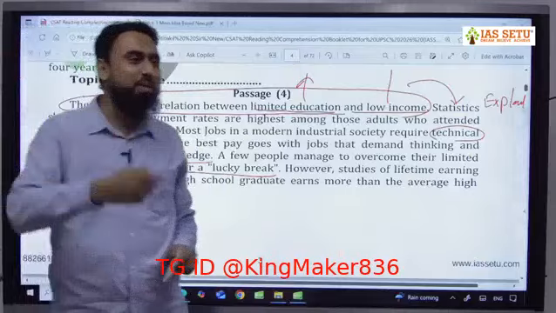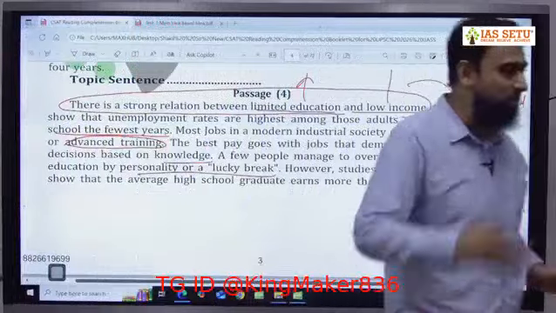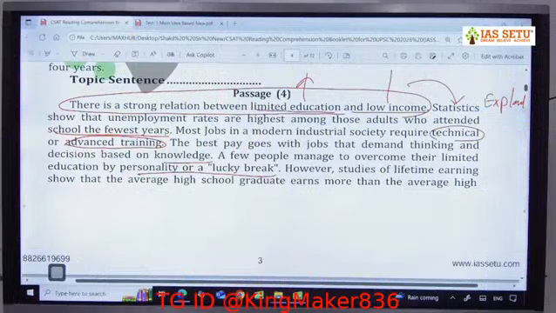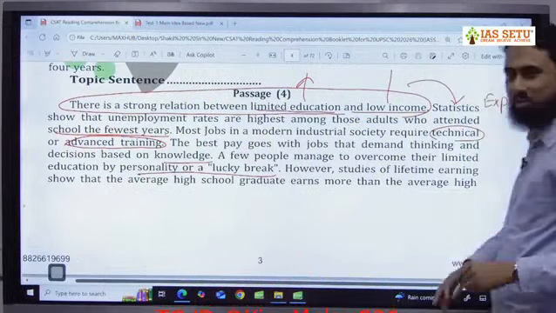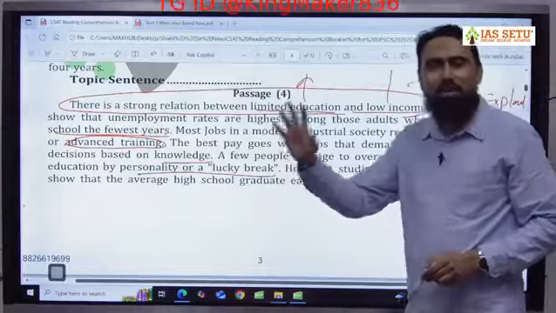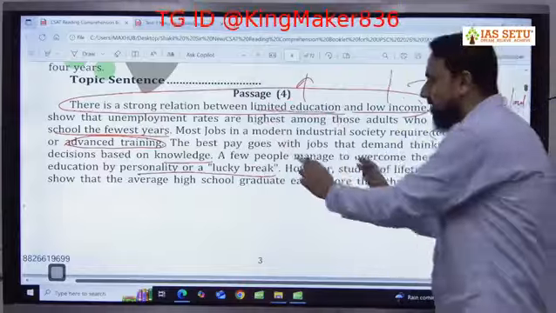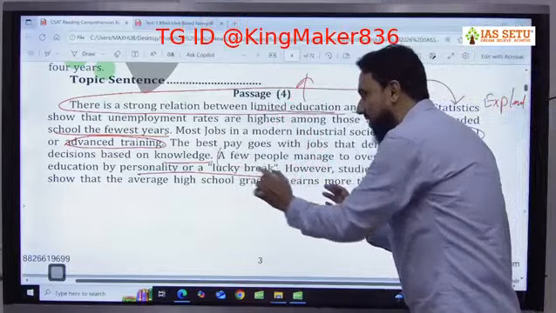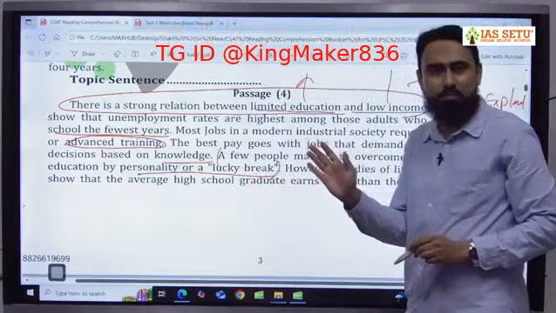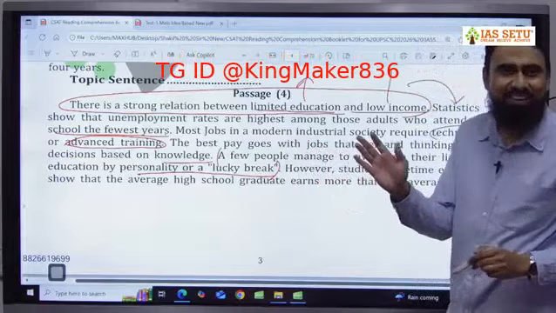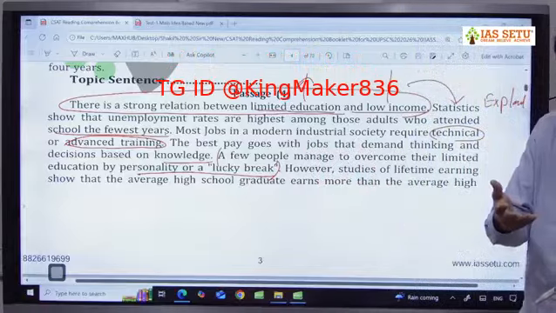Maybe he has got married to the daughter of a CEO of a company and the next day he was appointed as manager, though he was not highly educated. So maybe a lucky break. I'm just citing an example. So this sentence, dear, is a digression. Yes, please. You have your own experience?